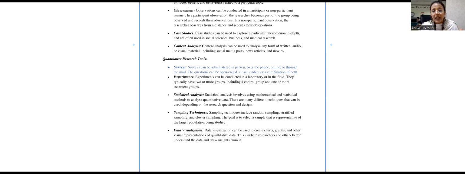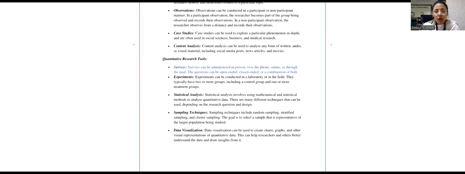Statistical analysis involves using mathematical and statistical methods to analyze quantitative data. There are many different techniques that can be used depending on the research questions and design. Sampling techniques include random sampling, stratified sampling, and cluster sampling.